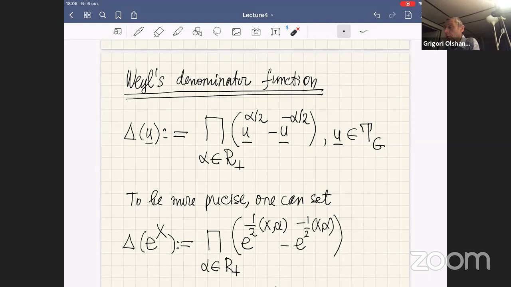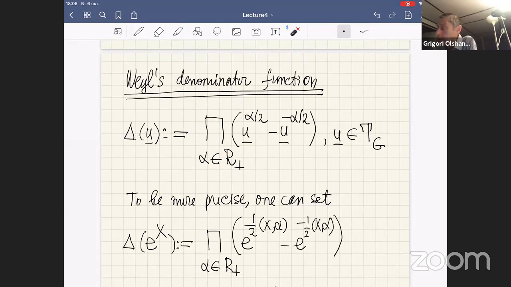Next, we have a fundamental object, which is called the Weyl denominator function, or simply Weyl denominator. Why denominator? We will see. So this is the formal definition. What we have to take is a product over all the roots.